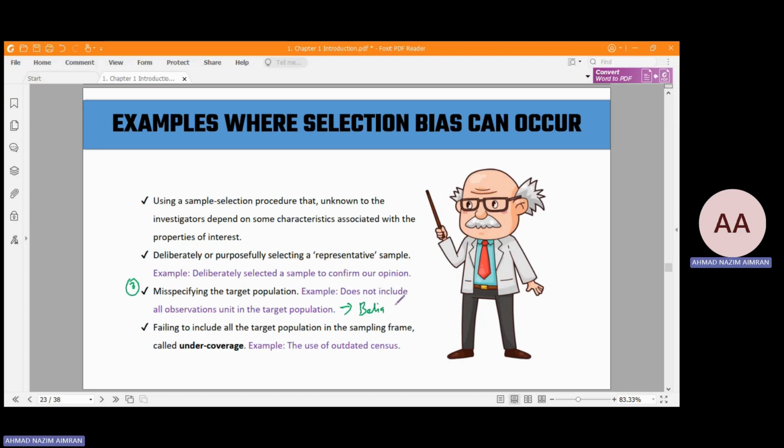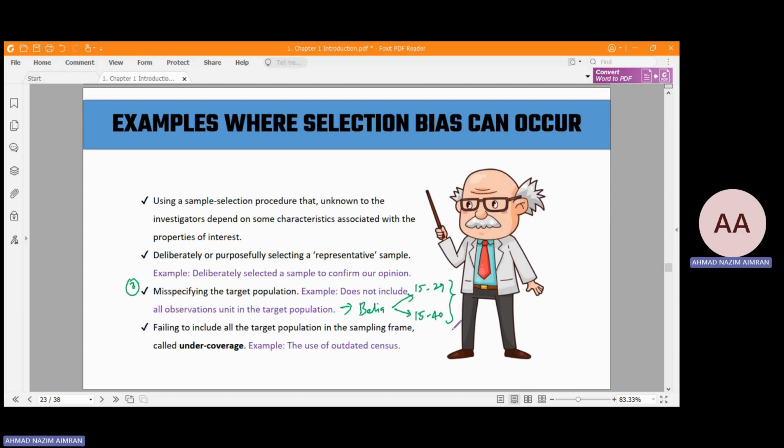In certain years, belia, if I'm not mistaken, is those who are aged from 15 to 29 years old, and in some years, it is those aged from 15 to 40 years old. So there are different definitions of belia at two different times.